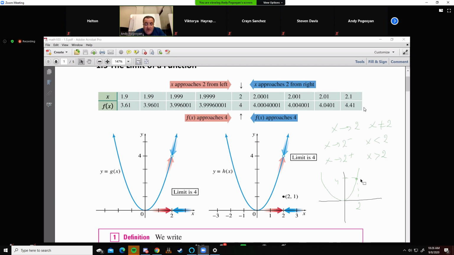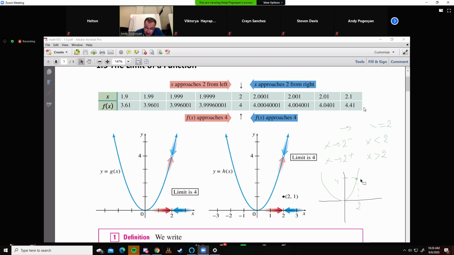In the first two, the limit exists. In the first one, the function value is not defined. In the second one, the function value is defined but different from the limit. In the third one, the function value and limit are the same. So you may have a hole, but the limit still exists.